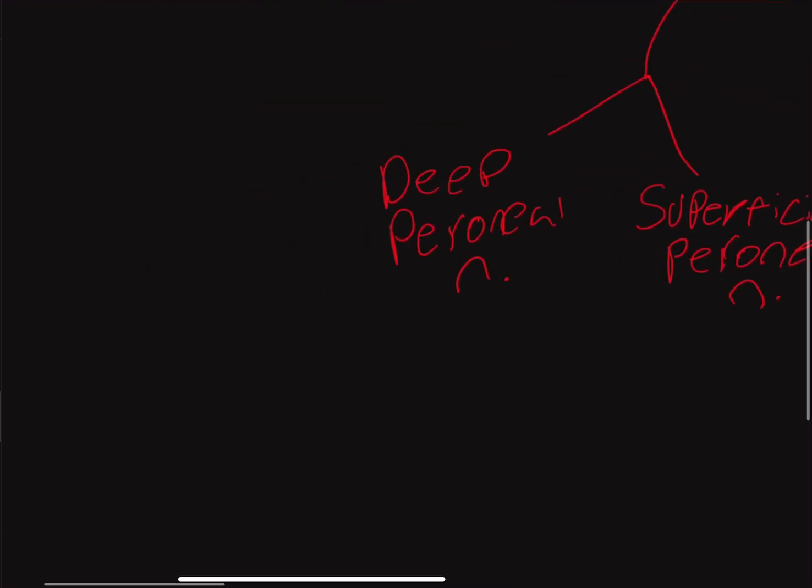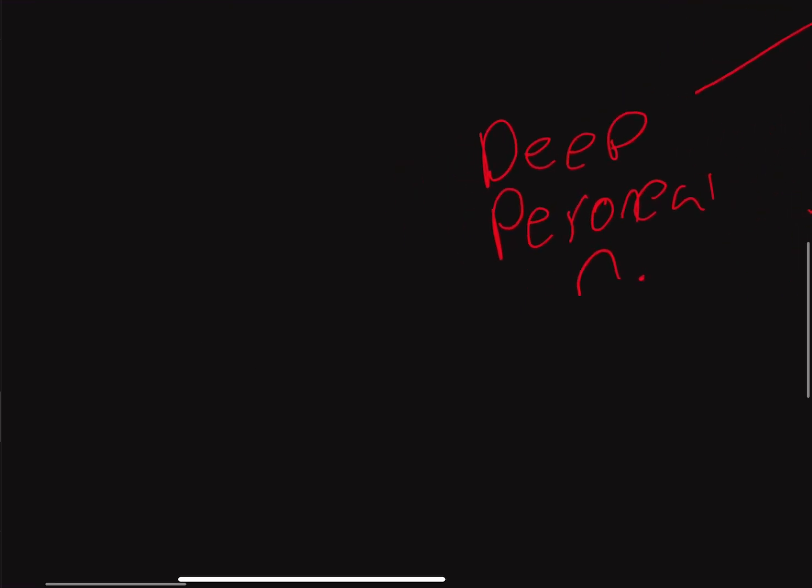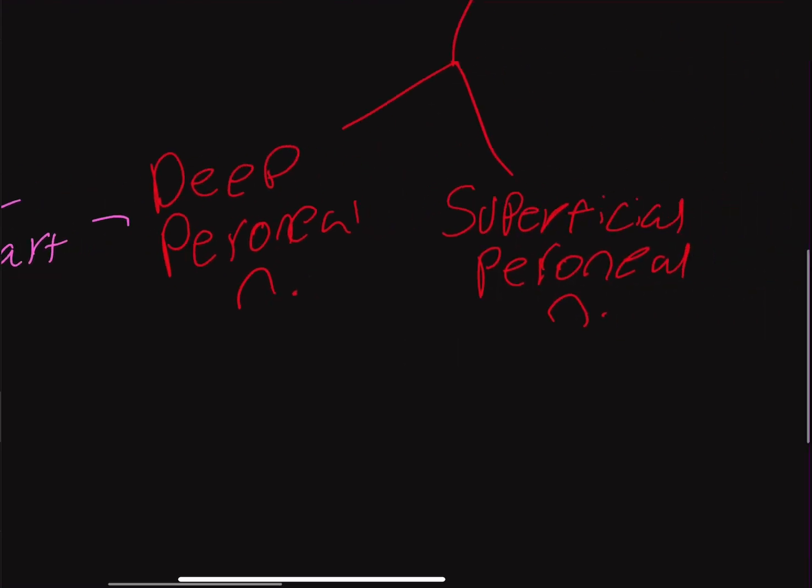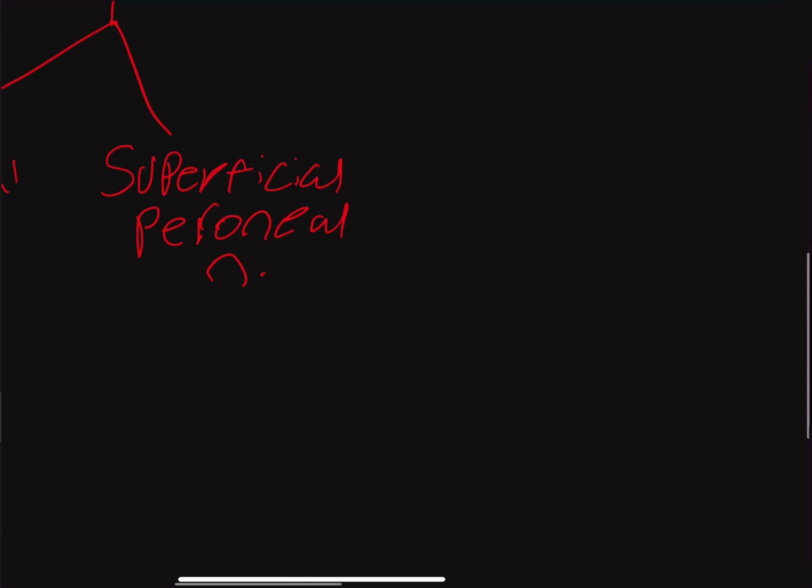The deep peroneal innervates the anterior compartment of the leg, and the superficial peroneal innervates the lateral compartment of the lower leg.